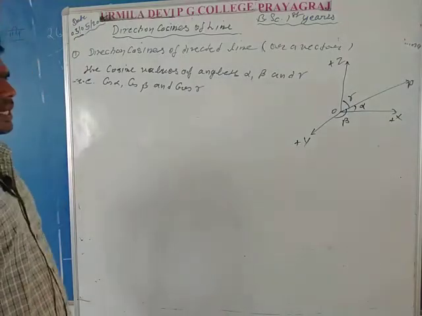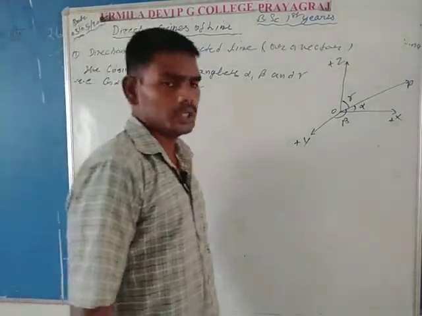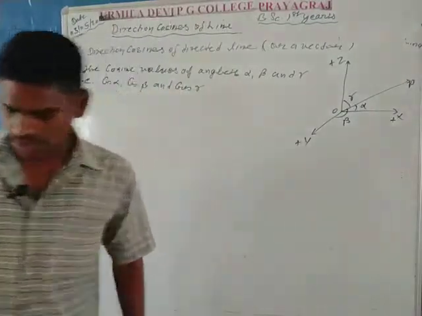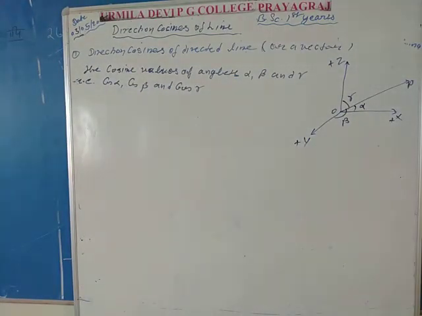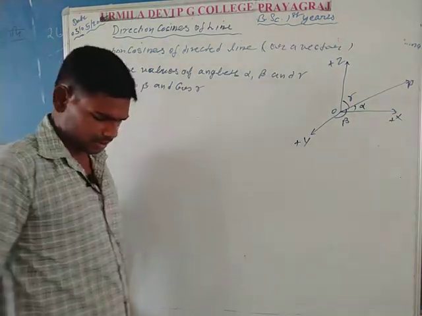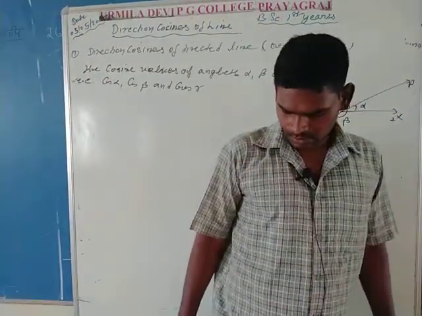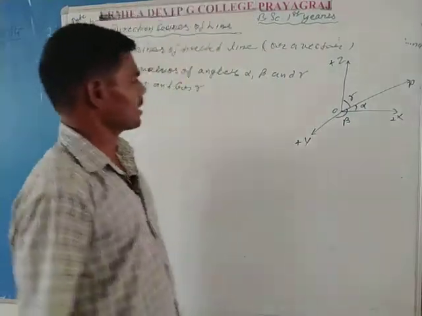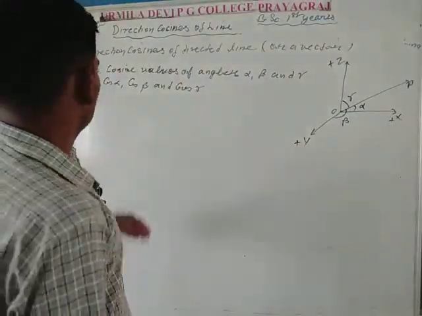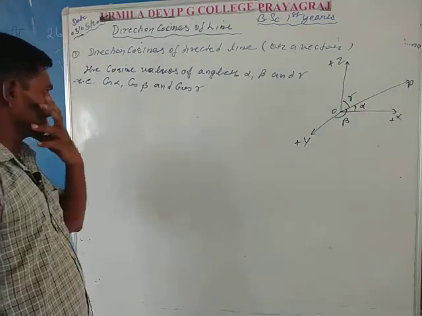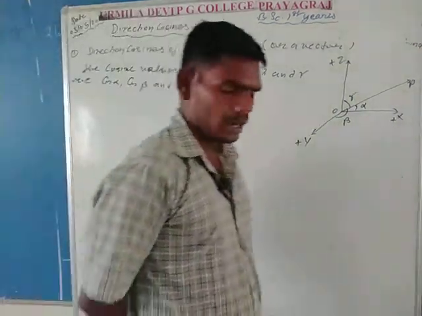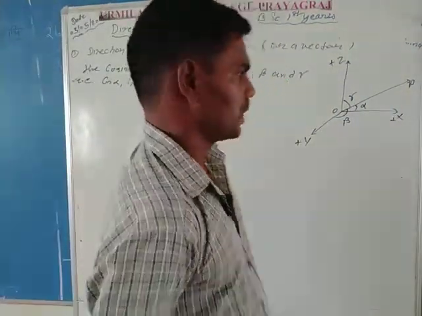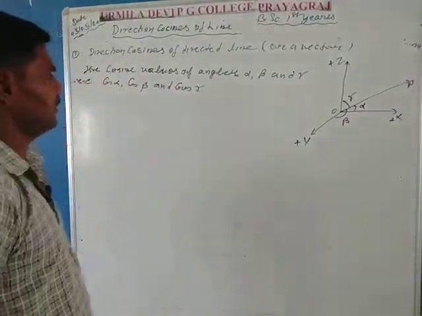The cos values of these angles alpha, beta, gamma are denoted by cos alpha, cos beta, cos gamma. By the definition of direction cosine of any straight line, these values cos alpha, cos beta, cos gamma are called the direction cosines of the straight line OP.